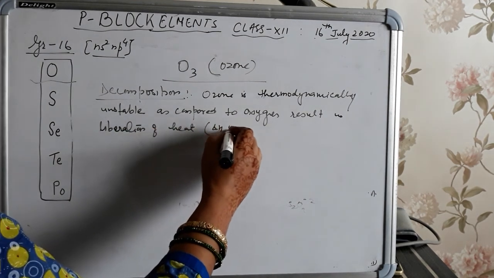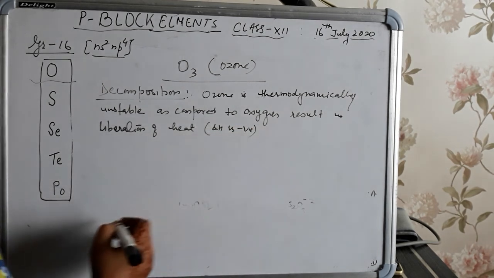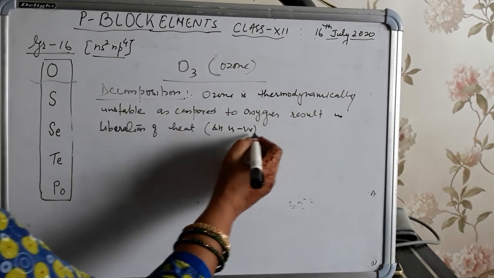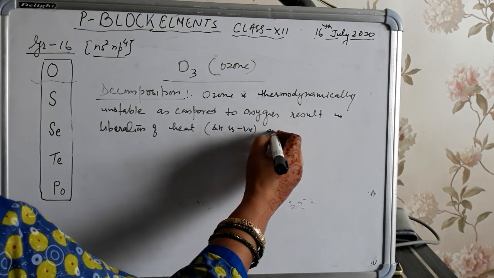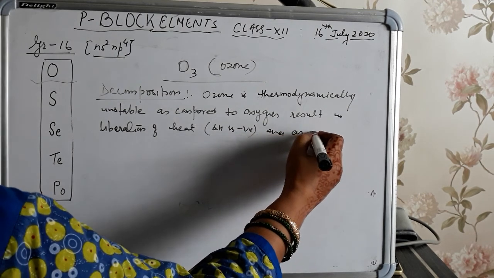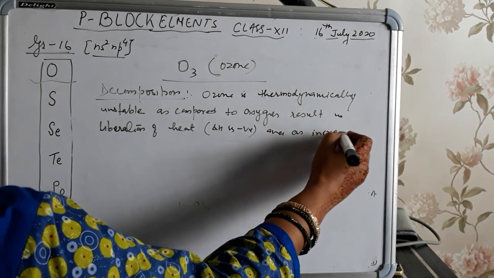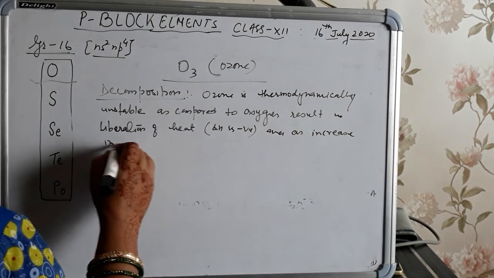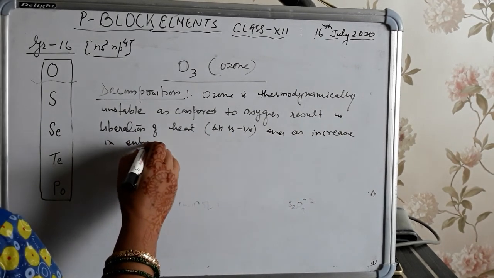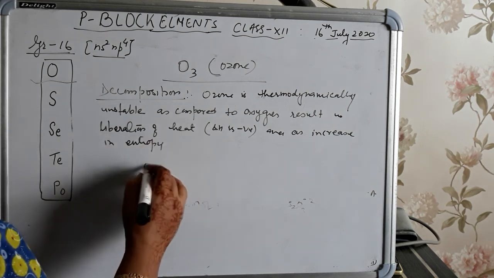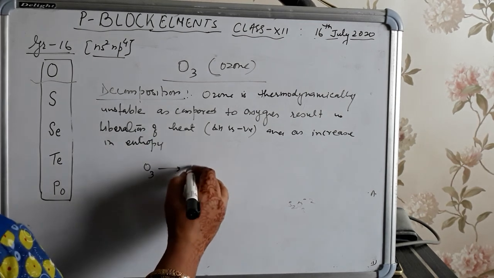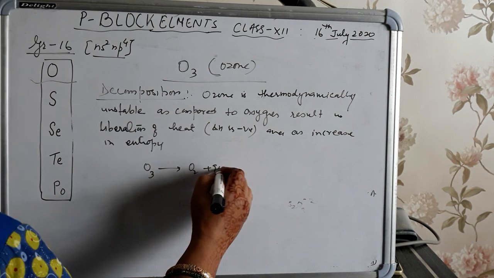Delta H is negative. When the ozone decomposes, energy is released, and there is an increase in entropy, because ozone when decomposed forms O2 plus nascent oxygen.